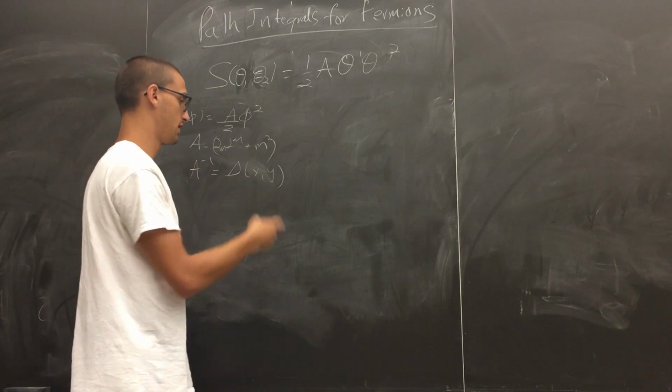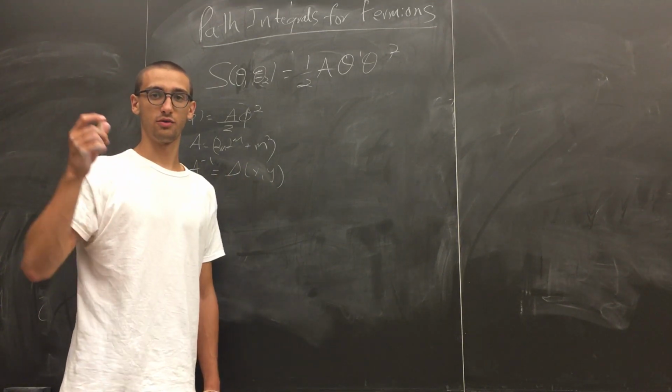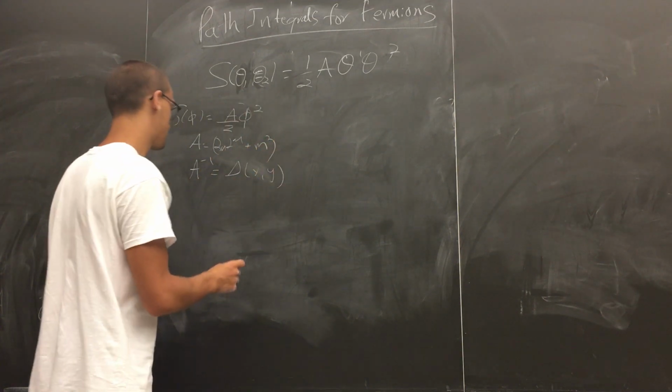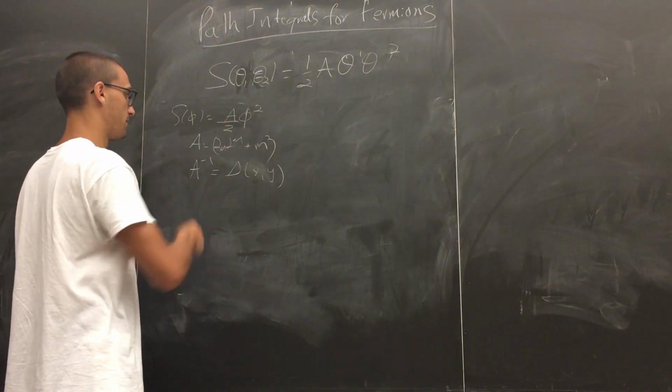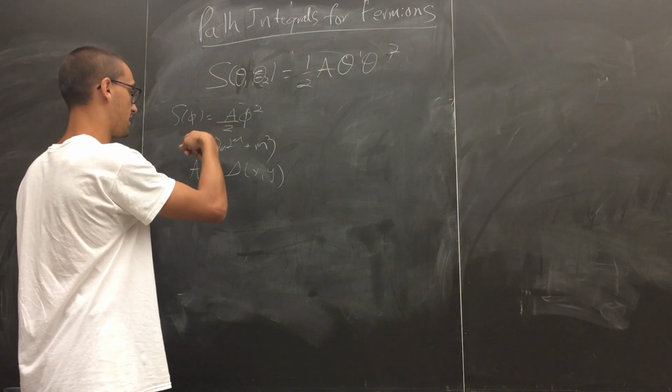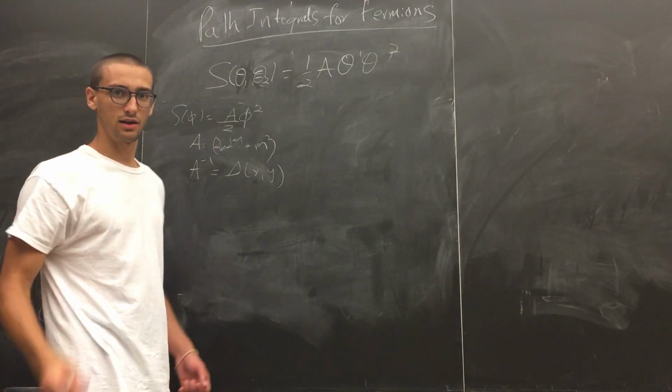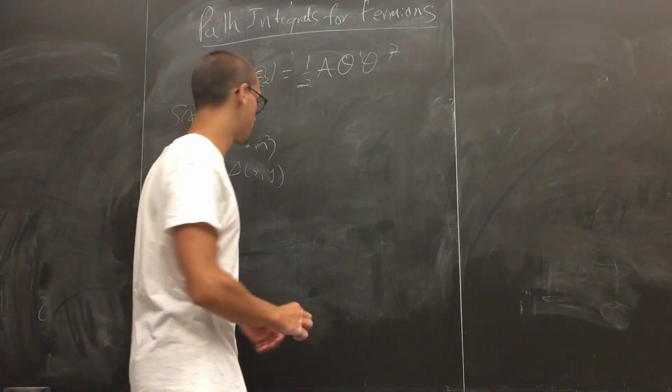So the probability that a particle currently at y will end up at x. We get the propagator from the path integral by taking the inverse of the operator that gives you the equation of motions.